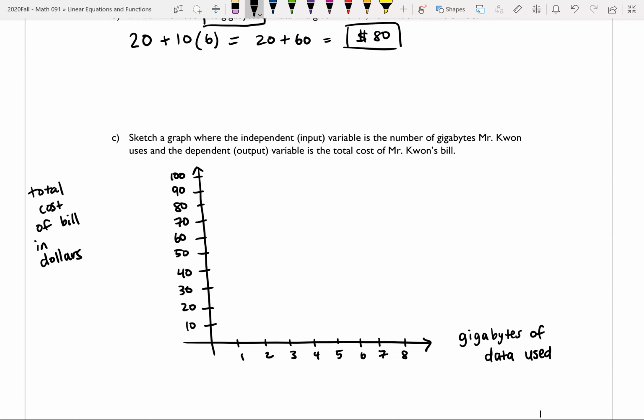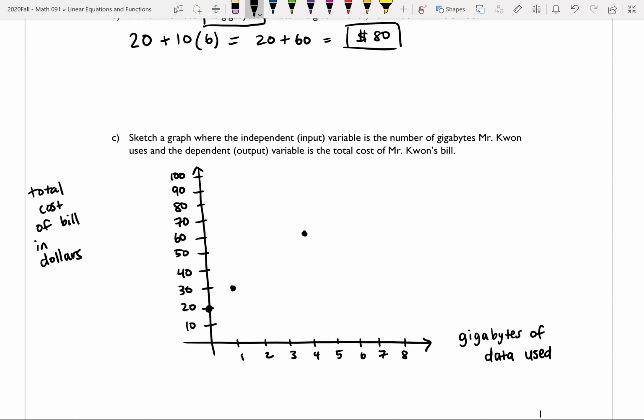Okay, so it kind of starts off like a linear function because if I use 0 gigabytes, then I just have that $20 base fee there. And if I use 1 gigabyte, that's an additional $10, so that's going to be there. If I use, let's say, 4 gigabytes, then it'll be 20 plus 40, which is 60.